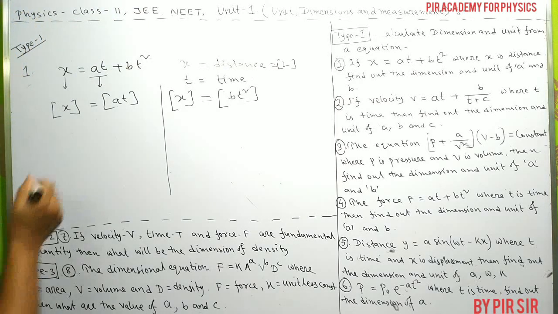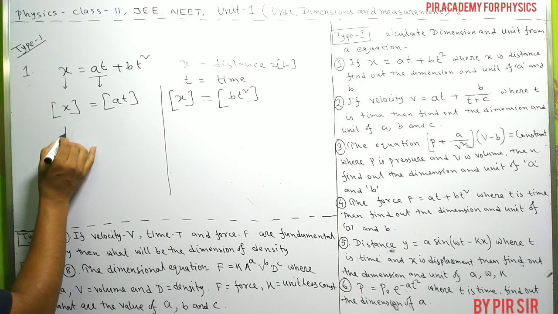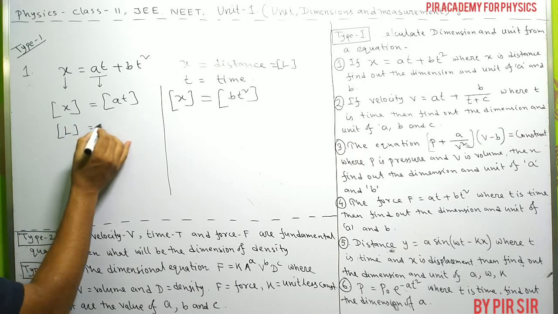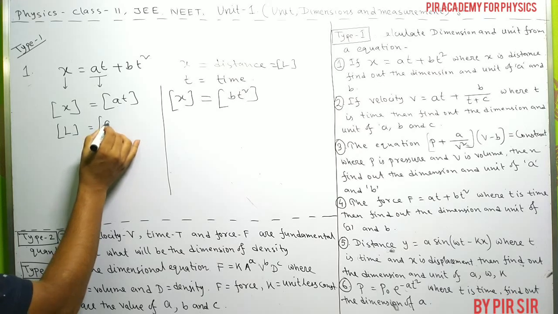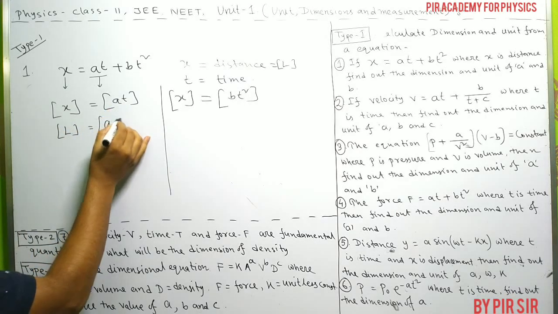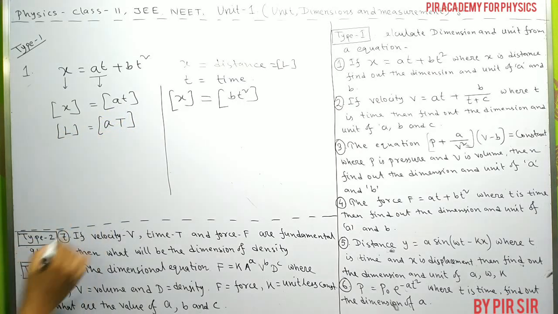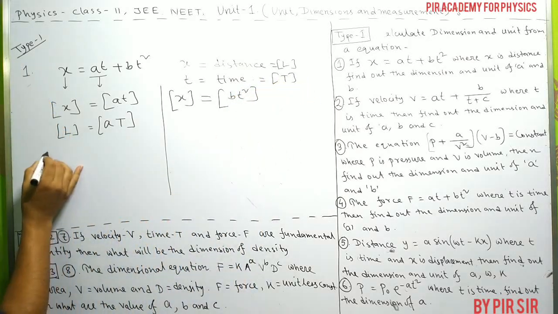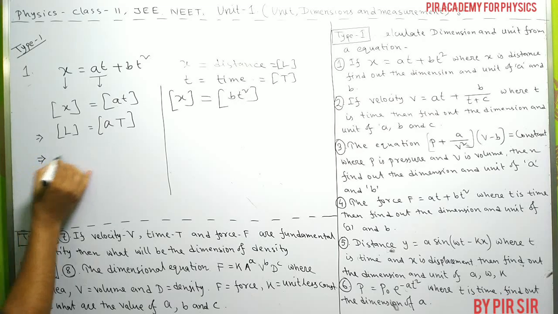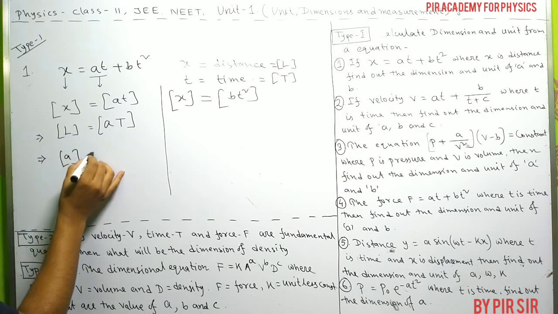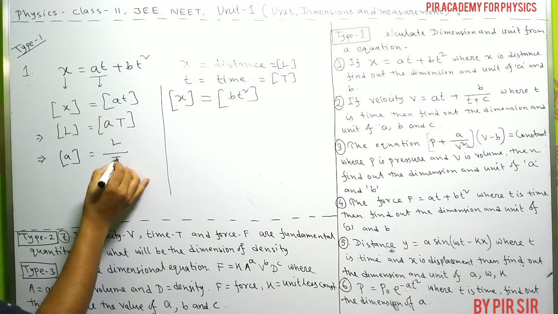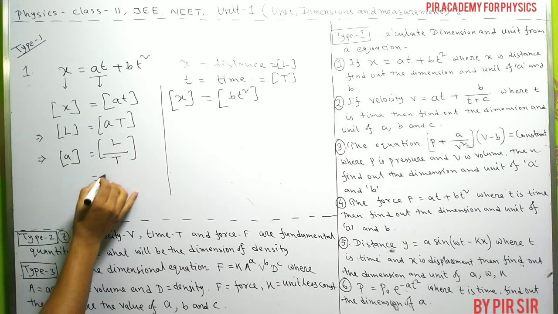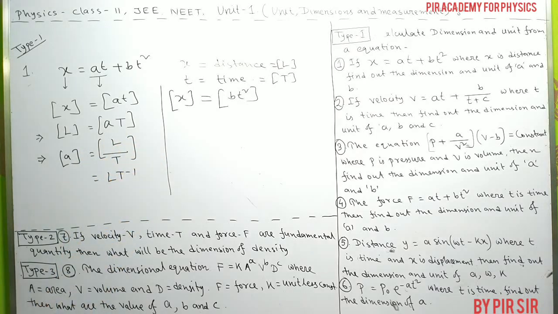The dimension of x is L, and the dimension of t is T, so the dimension of A equals L T to the power minus 1.